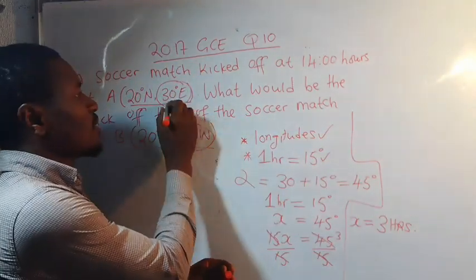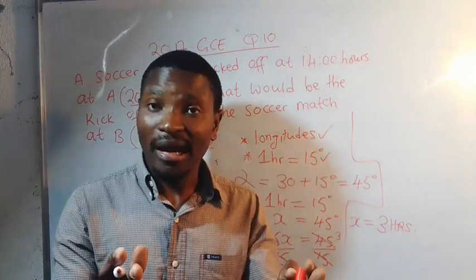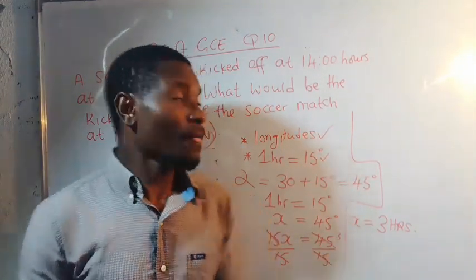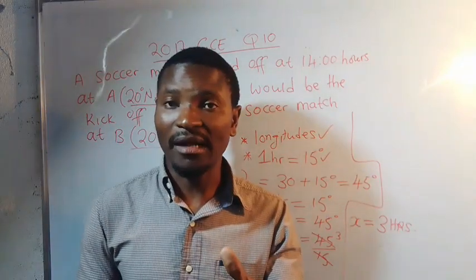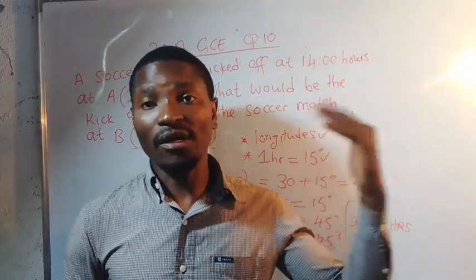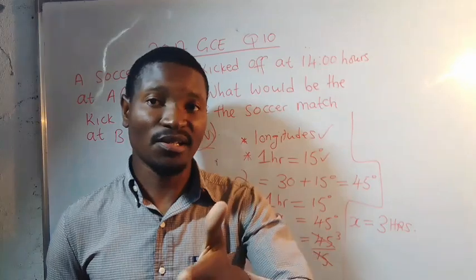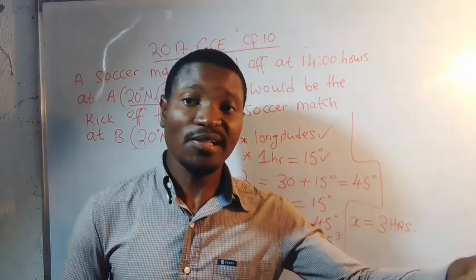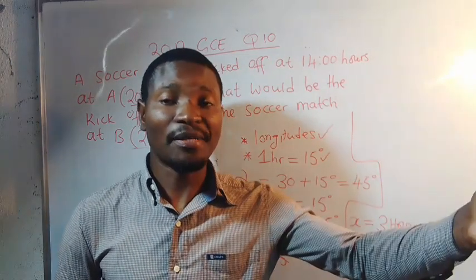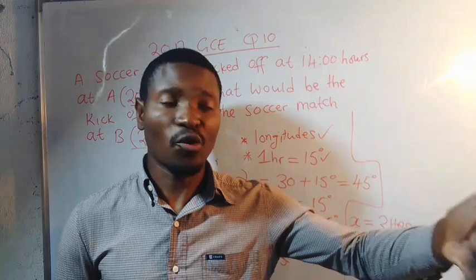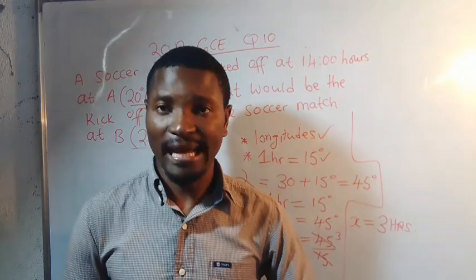Because this one is on the eastern part of the Earth's surface and this one is on the western part, remember, if I'm on the eastern part, time increases, and if I'm on the western part, I'm going to be behind time.